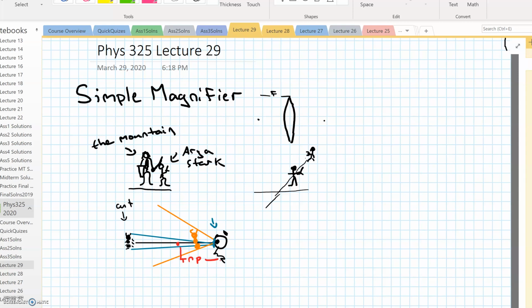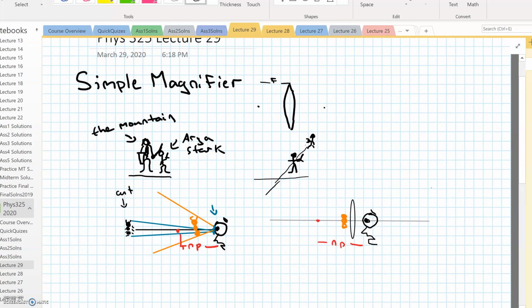So this is where a simple magnifier comes in. We can place something closer than our near point, and then put another lens, a converging lens, even closer than it, so that it forms a virtual image lying farther away than our near point. Let's draw a picture of that. So here we've placed a lens in front of the object, and the object is within the focal length of the lens.